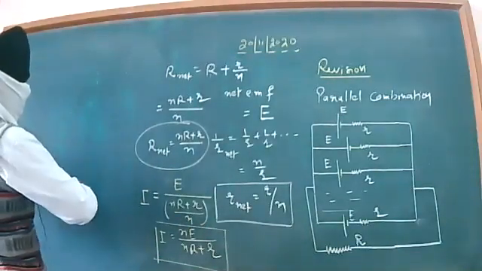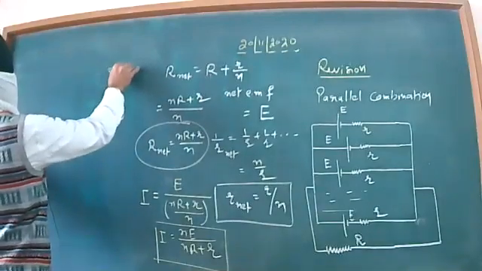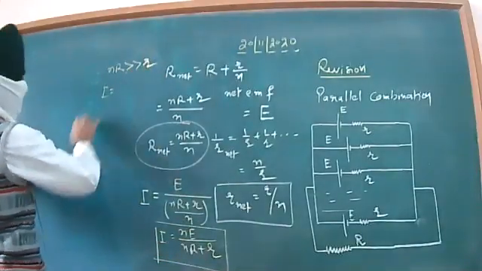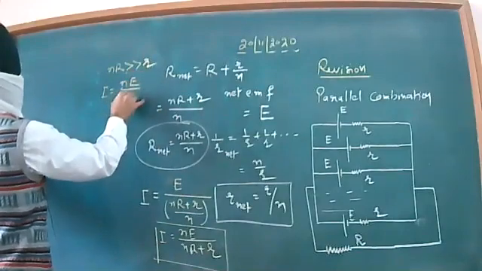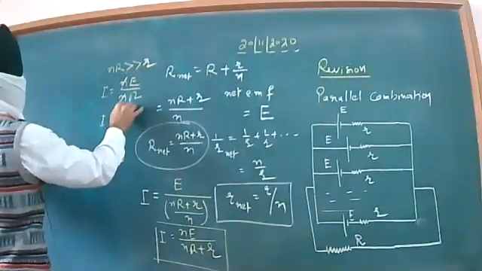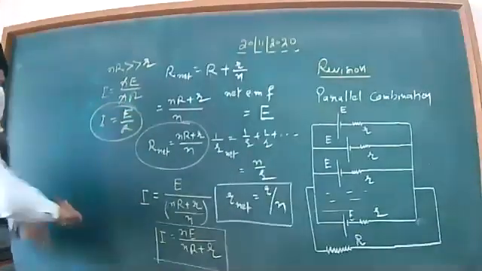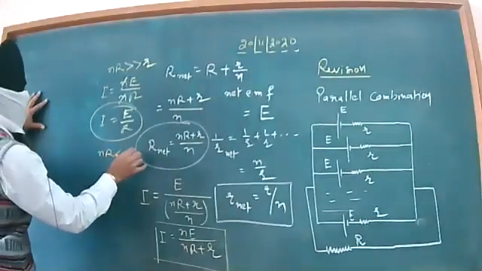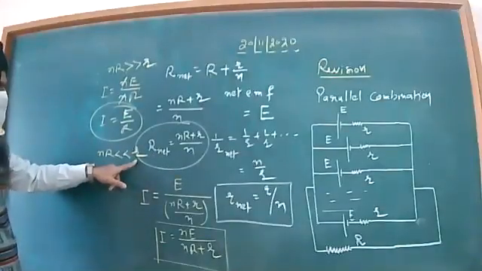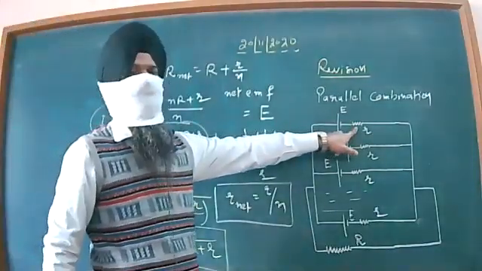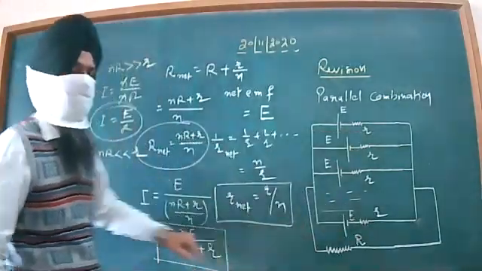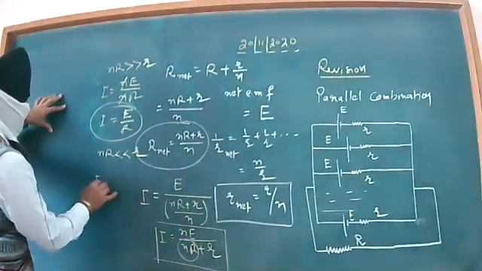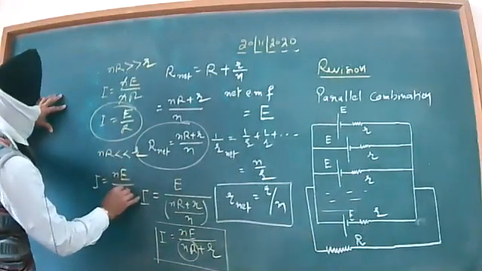If nR is far more than the internal resistance, then the internal resistance can be ignored, so I is equal to n into E upon n into R, and I is equal to EMF E upon R. The reverse is also possible: if nR is far less than the internal resistance small r, that is, the internal resistance has a numerical value far more than the external resistance, then you can drop the nR, and I will be equal to n into E upon small r.